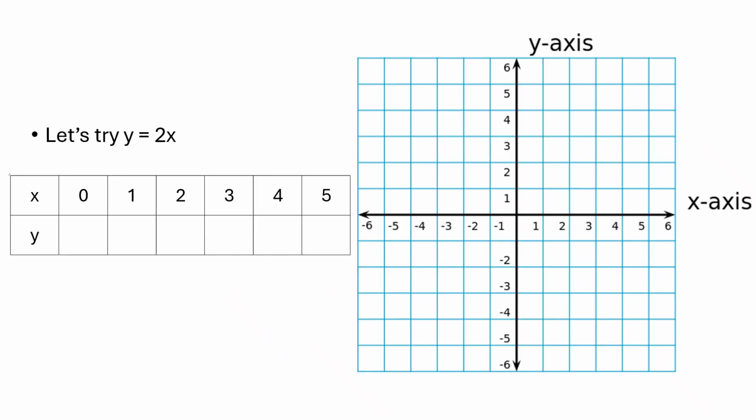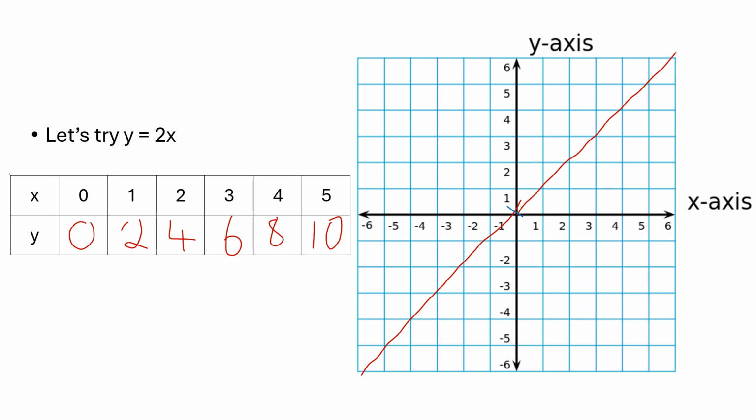So let's start with our basic graph, y equals x, and let's change the gradient. So we're going to make it y equals 2 times x. So whatever x is, the y value will be twice that. Now we're going to graph that.